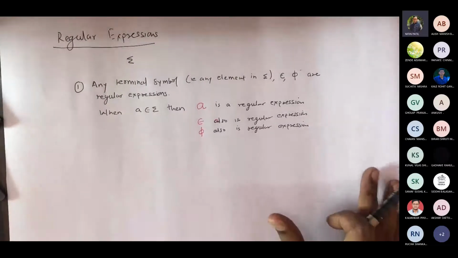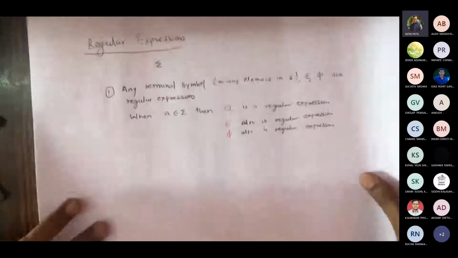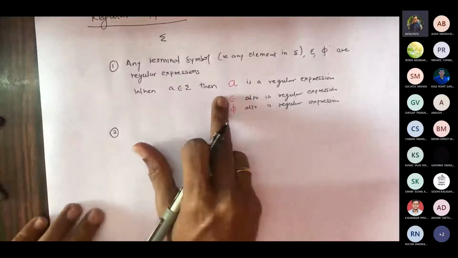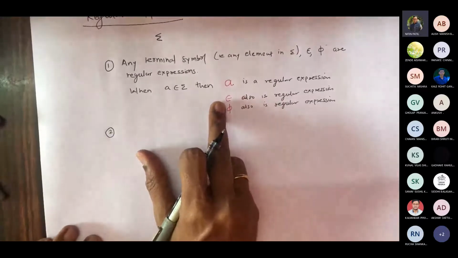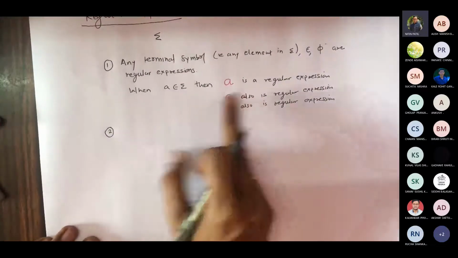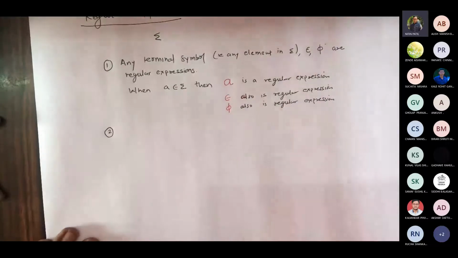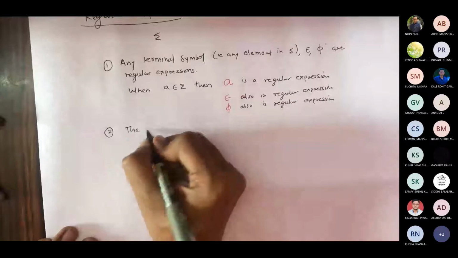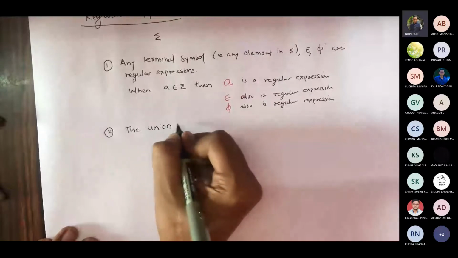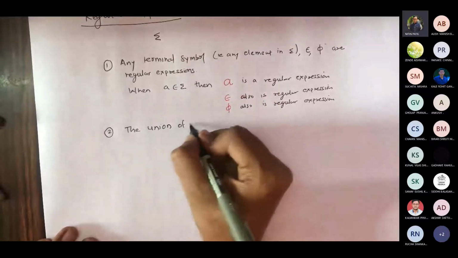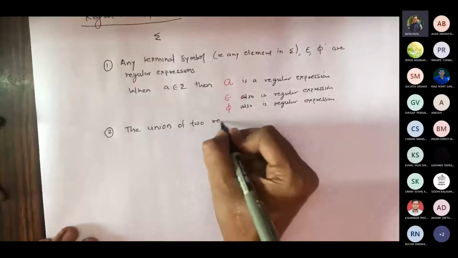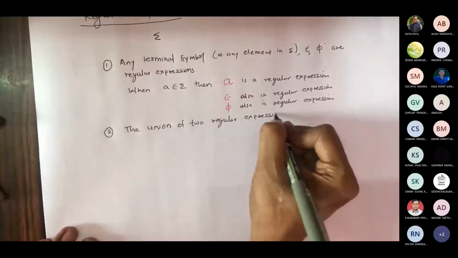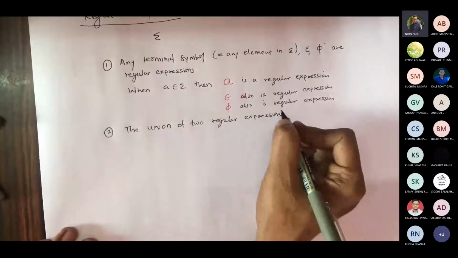Okay, so let us move further. Let us now define the second rule. When I represent, say, capital R to be a regular expression, it may be one of them or combinations of them. So the union of two regular expressions.